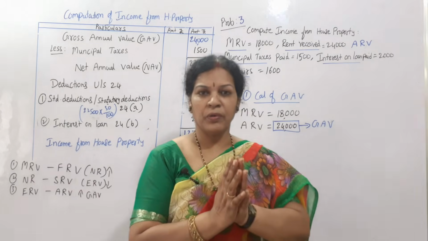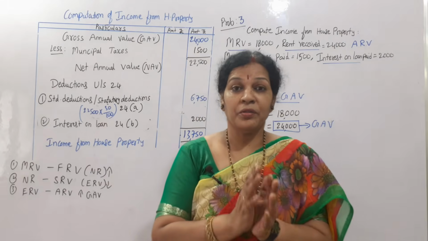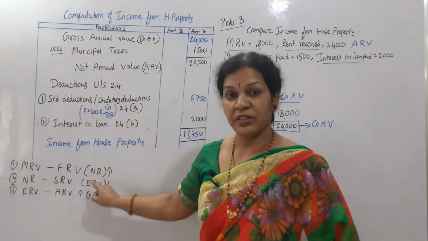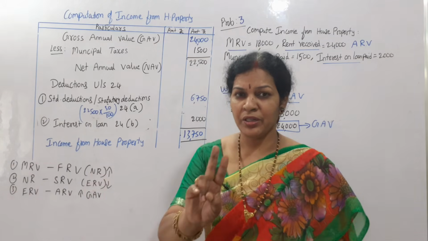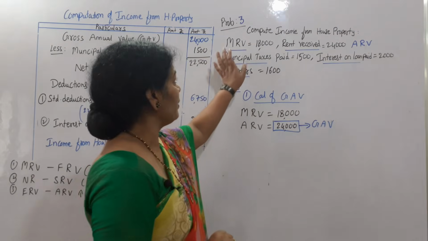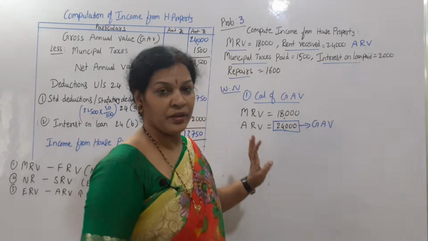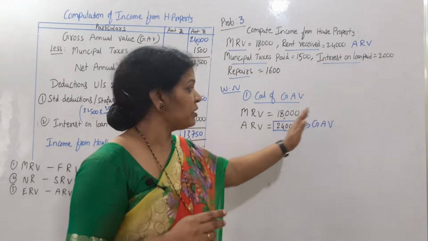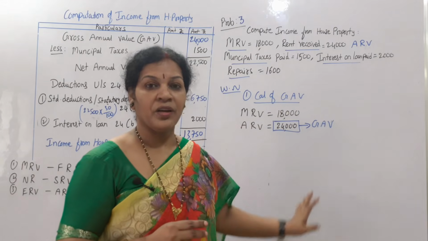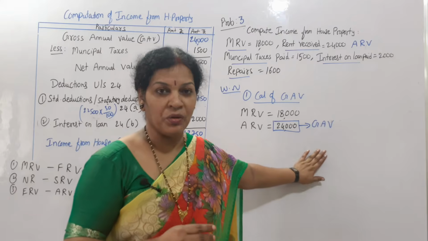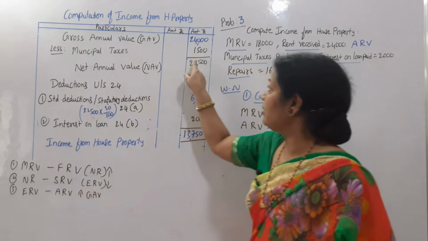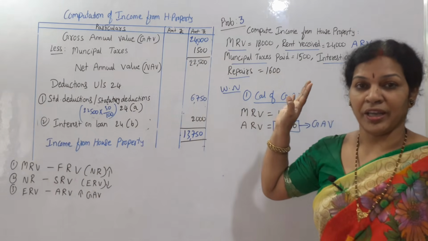In this problem, what happened is we did not get the total information to calculate the GAV as per these 3 steps. We have only 2 pieces of information given, MRV and ARV. Out of these 2, whichever is high, that is gross annual value, GAV. Next, we deducted the municipal taxes so that you got net annual value.